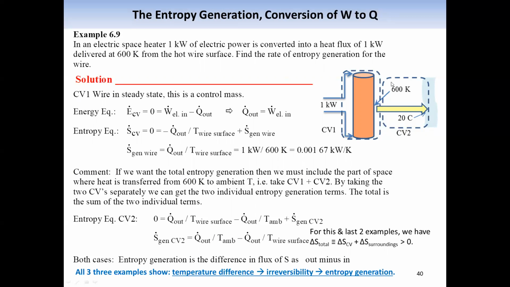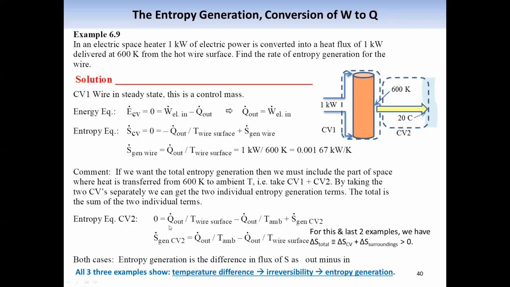Let's look at the second control volume. If we take this control volume like the glass window we just looked at, on one side we have heat transfer into the control volume, and on the other side we have heat transfer out of the control volume.